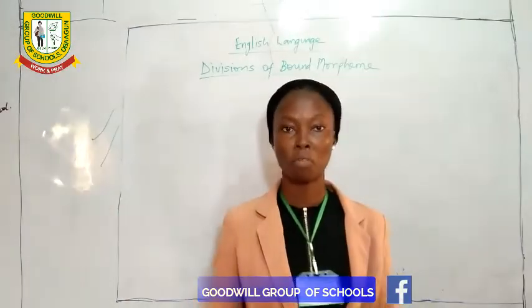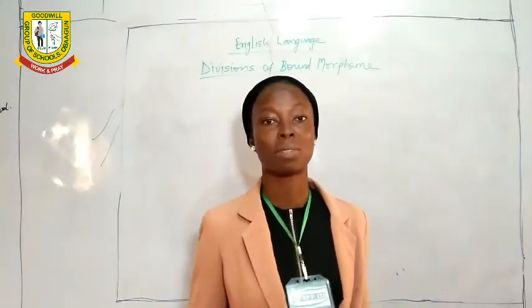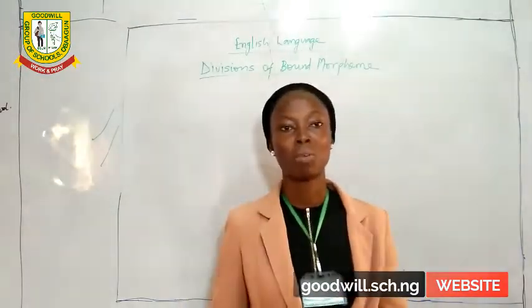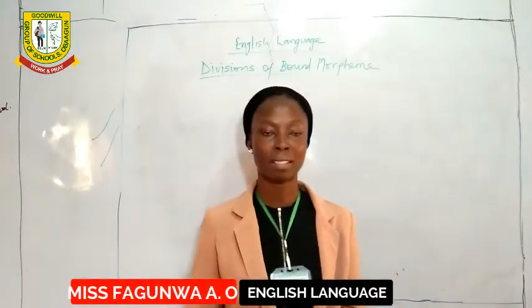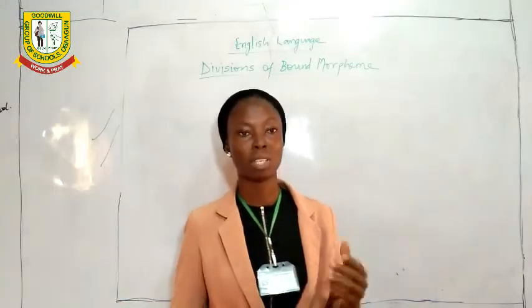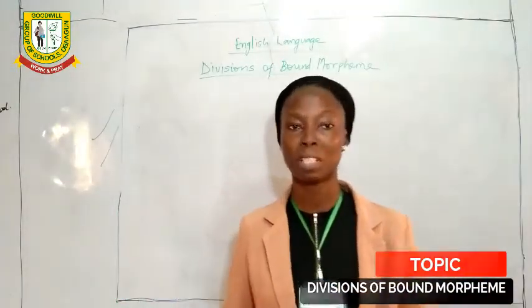I taught you morphemes. Morphemes are the bit of language which is seen as the smallest bit of language on the grammatical rank scale. A broad categorization of morpheme was equally studied as free and bound morphemes respectively.